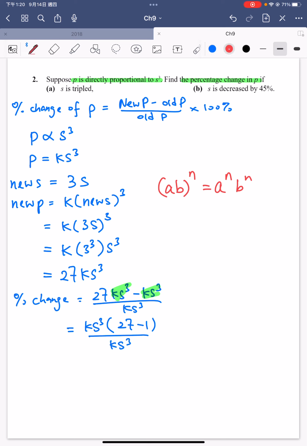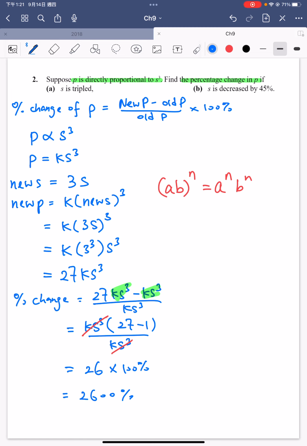You can see both numerator and denominator have ks cubed, so we can eliminate it. Then what we have is 26. Don't add a percentage sign directly here, because 26 is a number, it's not a percentage. If you want to change it back to a percentage, times 100%, so it is equal to 2600 percent.